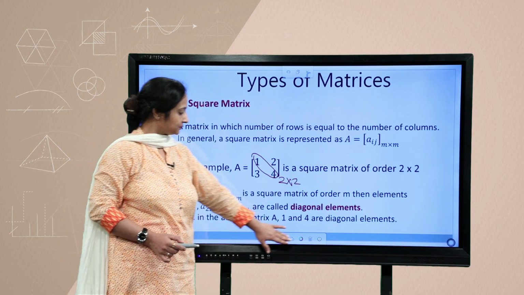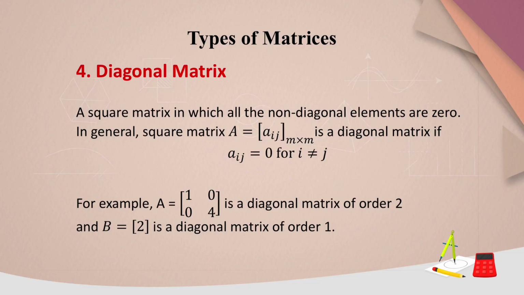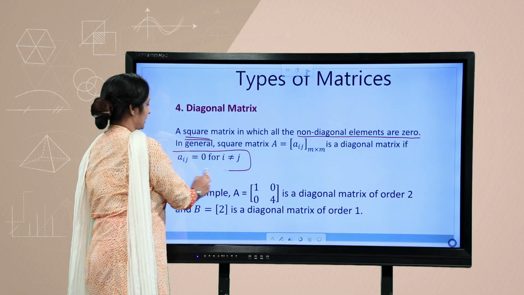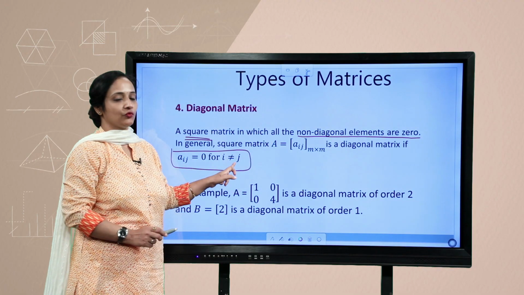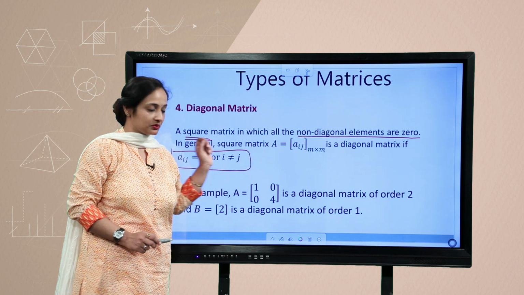In the above matrix 1 and 4, only these two are considered to be diagonal elements, not 2 and 3. The next type of matrix is the diagonal matrix. It is a square matrix in which all the non-diagonal elements are 0. In general, you can say that a square matrix A, [aij] m by m, is a diagonal matrix if aij is equal to 0 for all i not equal to j.